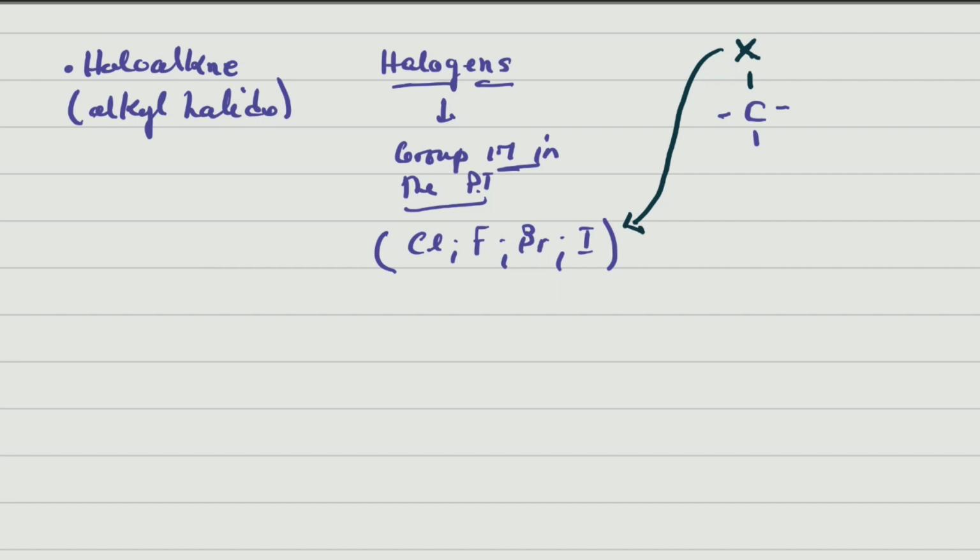Okay, so how do we get the general formula for this one? The general formula for the haloalkane will be CnH2n+1X, where X, remember, is going to be any of the halogens.